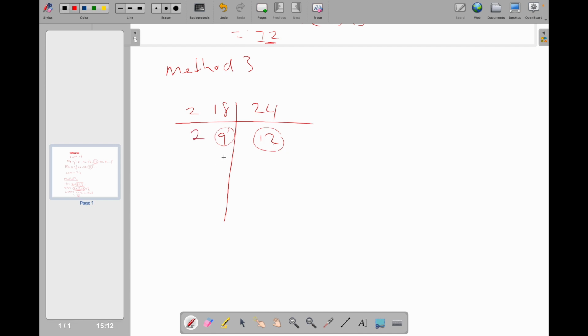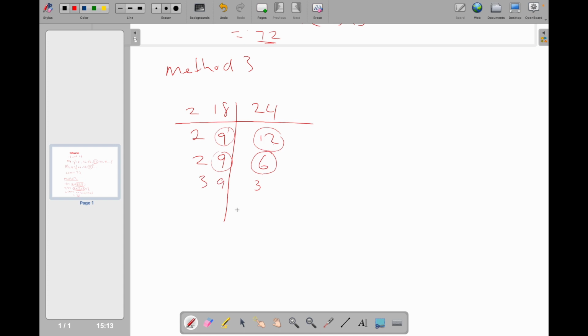And now here the 9 will just carry the 9, but the 12 will become 6. And then this 9 cannot be divided, but we still can divide this by 2. So we can also divide by 2, and then the 9 will be carried and the 6 will be 3.